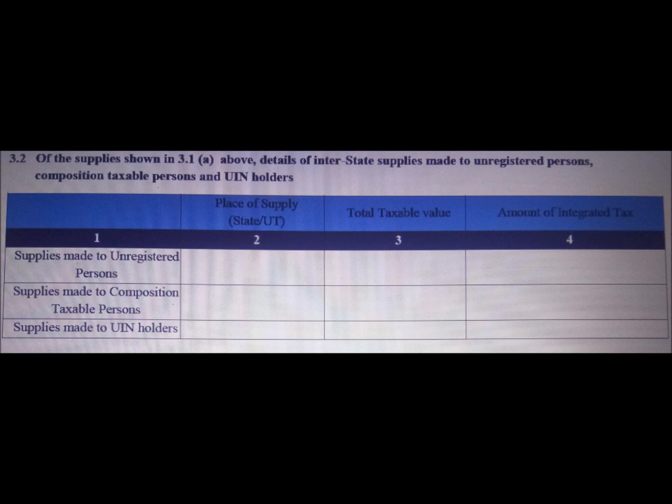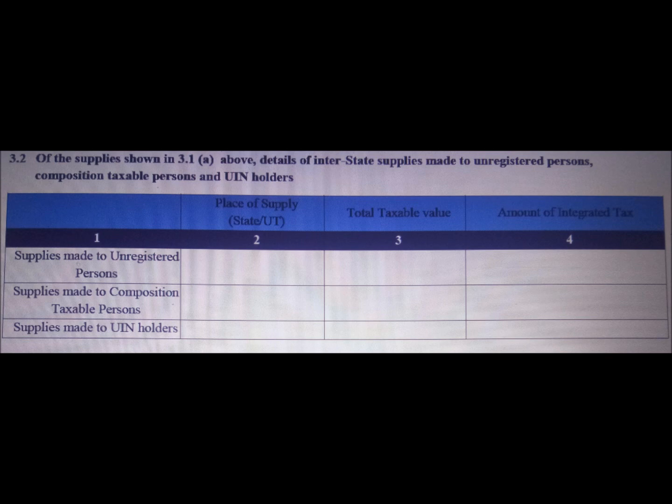Now, due to this contravention, department may invoke the provision of section 125, which provides for levy of penalty for contravention of any of the provision of the act or rule made thereunder, and it may result in levy of penalty which may extend up to rupees 25,000.